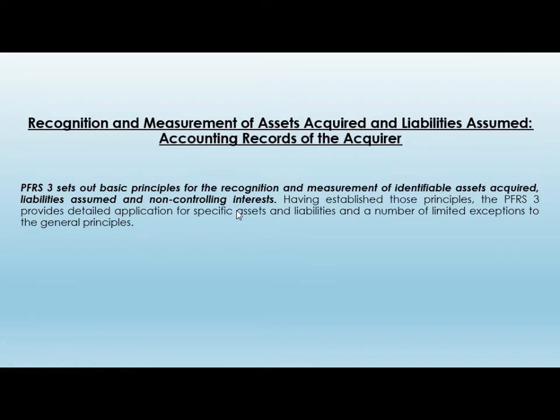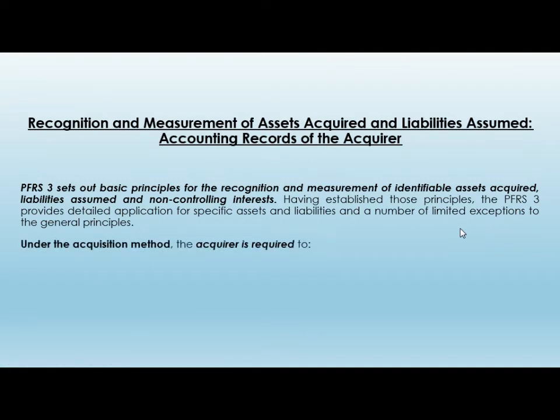So, sa ating fourth step, recognition and measurement of assets acquired. Under PFRS 3 sets out basic principles for recognition and measurement of identifiable assets acquired, liabilities assumed, and non-controlling interest. Having established those principles, PFRS 3 provides detailed application for specific assets and liabilities and a number of limited exceptions to the general principle.